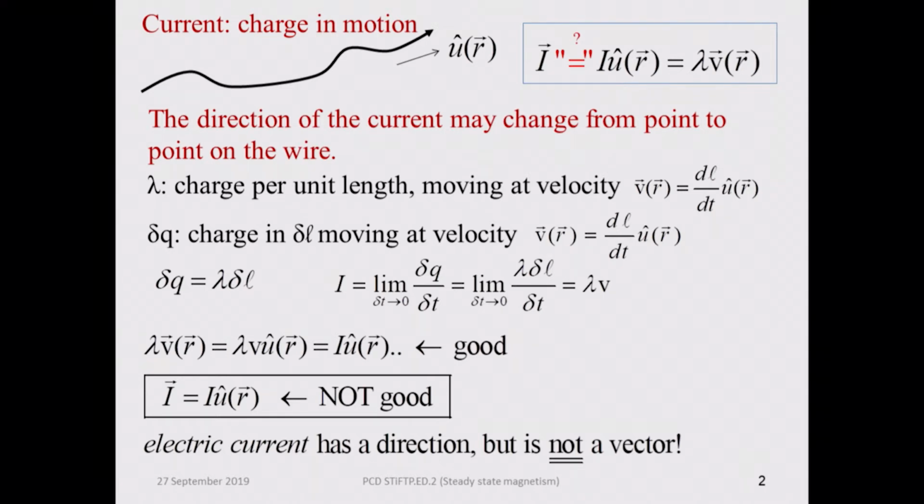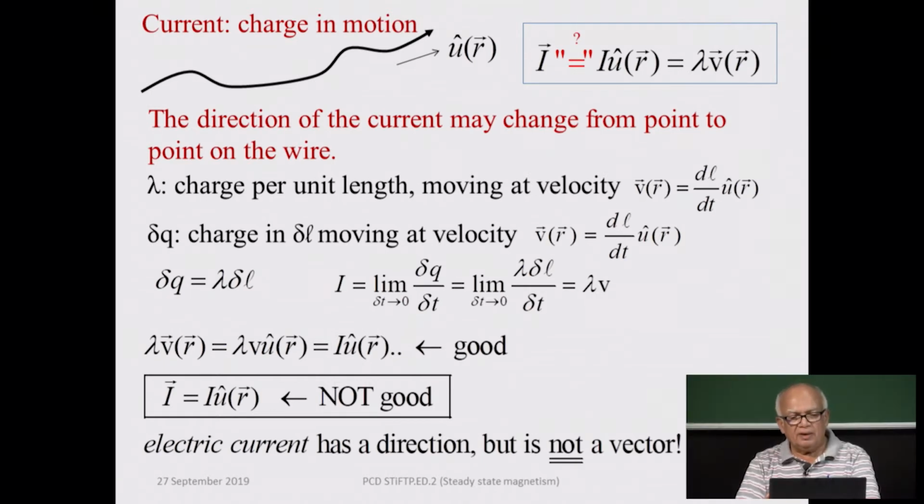And this is fine. But then writing current as a vector is not good, because yes, it has a magnitude and it has a direction, but it is not a vector, because what is a vector is determined not just by these properties of magnitude and direction, but also on how its components transform when you rotate the reference frame, right.